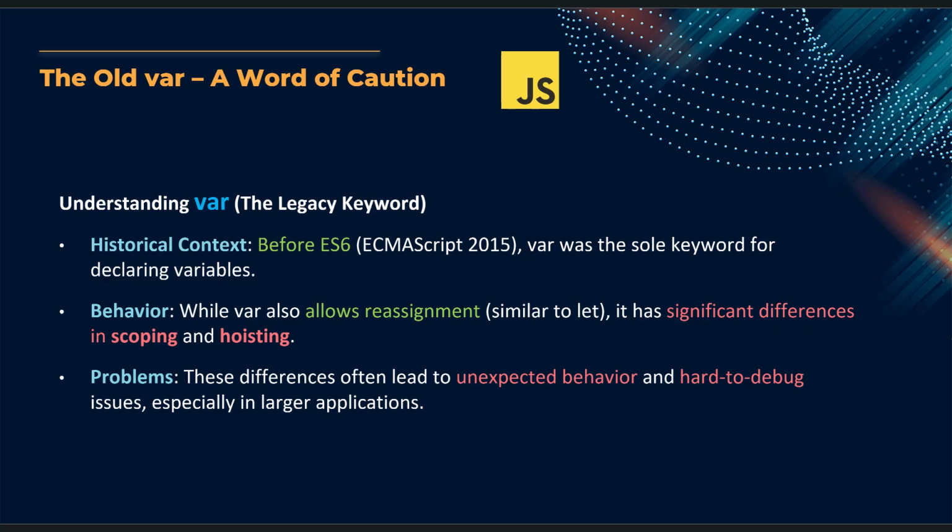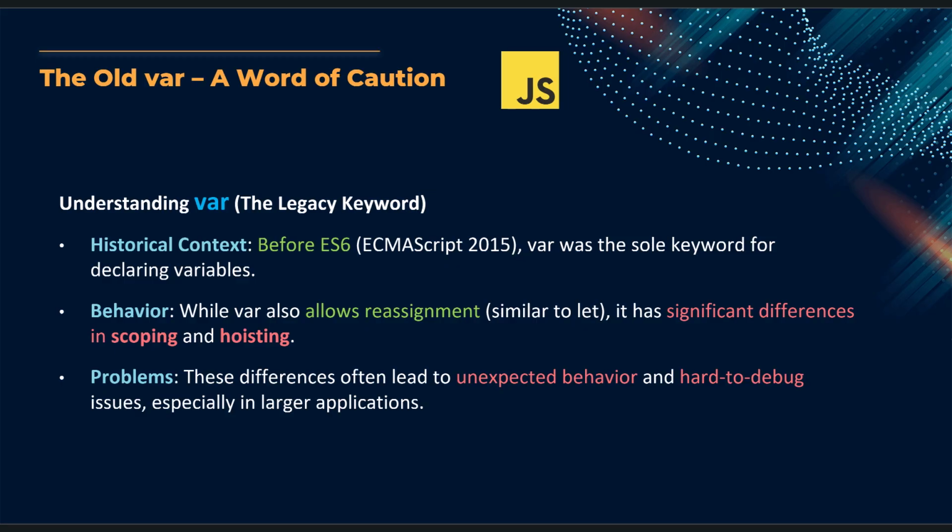Let's briefly discuss var, the legacy keyword. Before 2015, var was the only way to declare variables in JavaScript. Like let, var also lets you reassign values. However, var works differently when it comes to something called scope and hoisting.